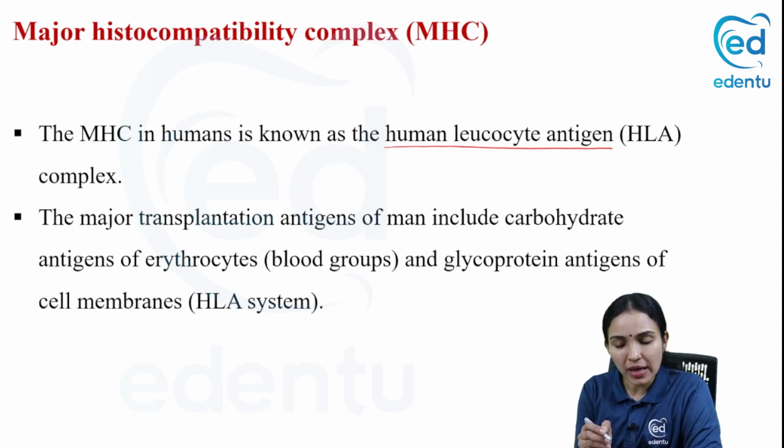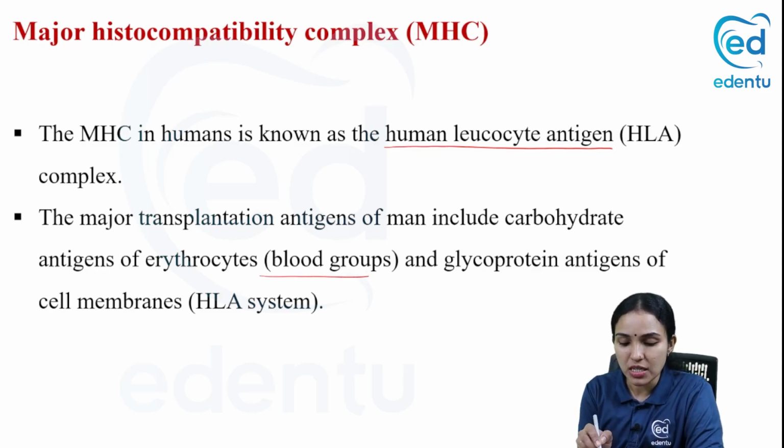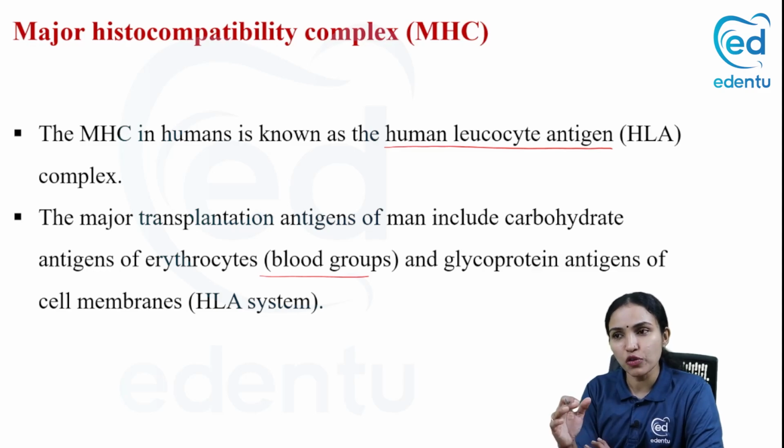Not only the HLA system, the blood group antigens are also transplantation antigens. So before doing transplantation, we always do a matching between the donor and recipient blood group antigens, and also the histocompatibility antigens. So if you get a properly matched donor with exact matching of the blood groups and also these HLAs, it will be very good acceptance of the transplant.